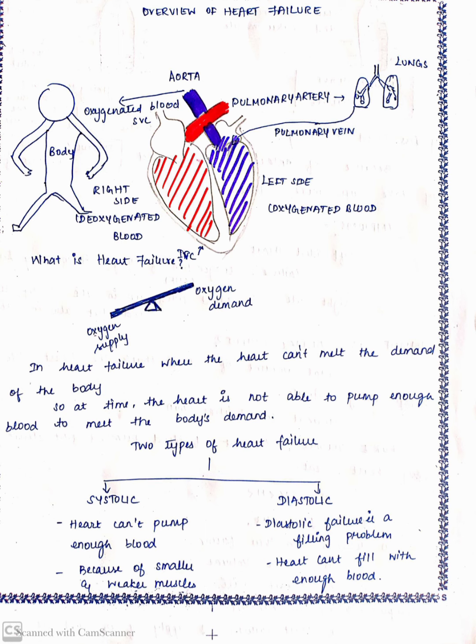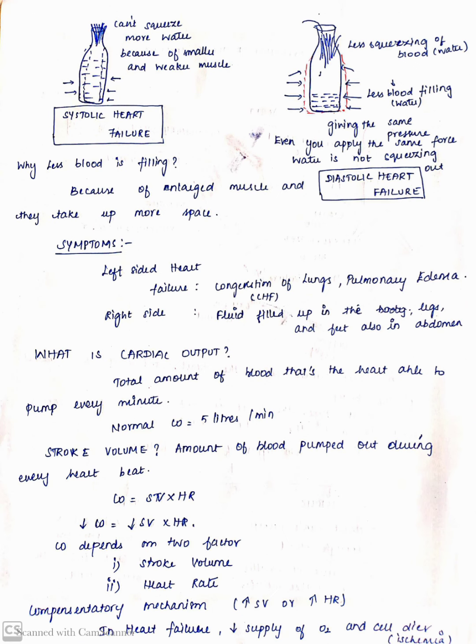So imagine a water bottle that you are holding in one hand. You squeeze the water bottle and it shoots the water out. With systolic heart failure, since your heart muscles are weaker, think about squeezing that water bottle again, but just pinching it. It's going to be a little harder to squeeze the water out, right? The same thing applies to the heart.